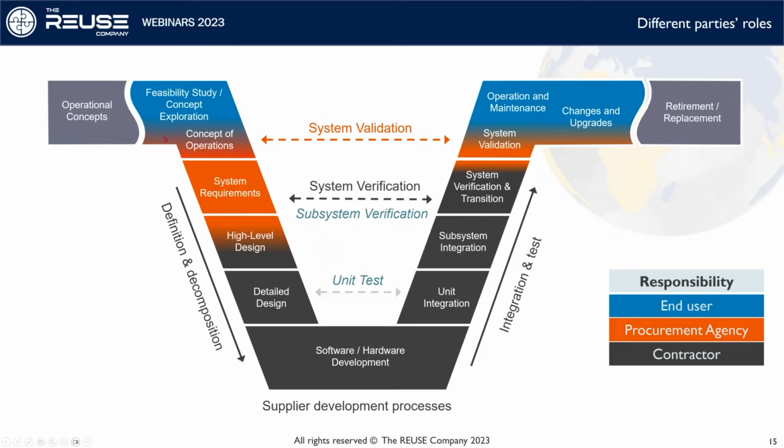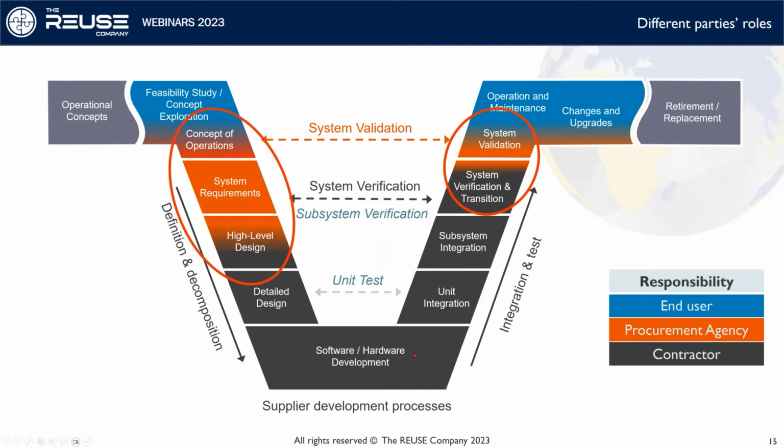There are no sharp lines here, but somewhere in the higher area of the left wing and the right wing, that's where you do most of the things from the procurement agency. Of course, you monitor things all the way through. But this is typically where you spend a lot of time in the early and late phases of the development.